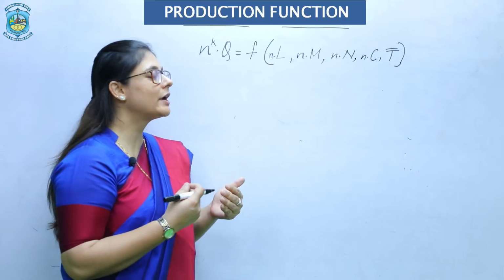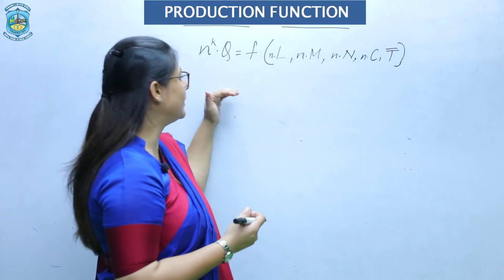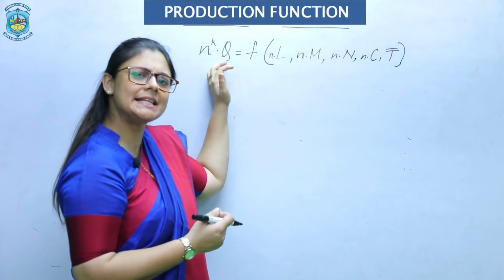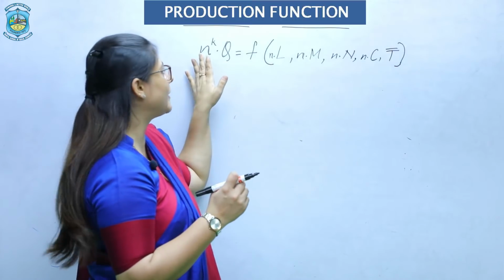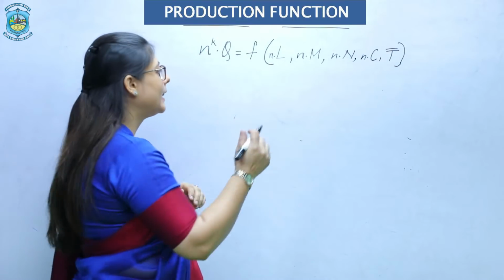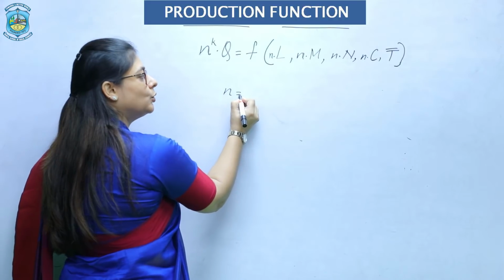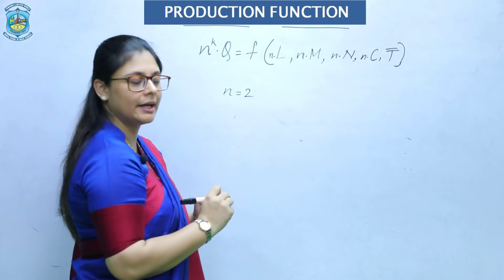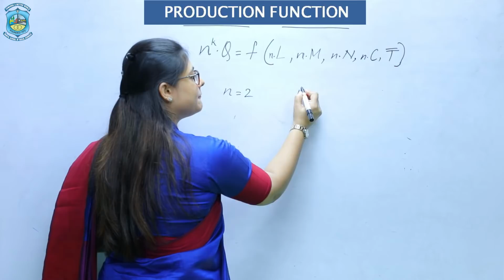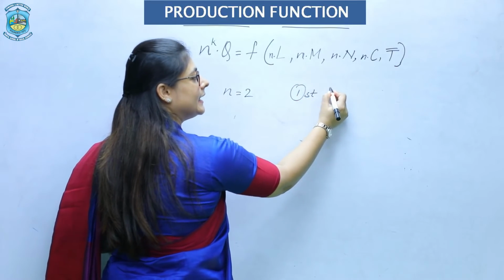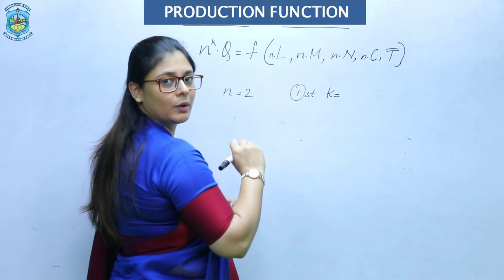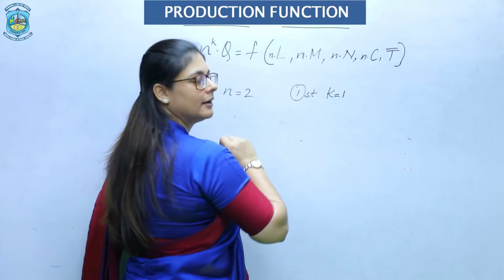Now, to have more clarity on this particular production function, let's take the two values of n and k. Let your n be equal to 2, and in the first case, let k be equal to 1.